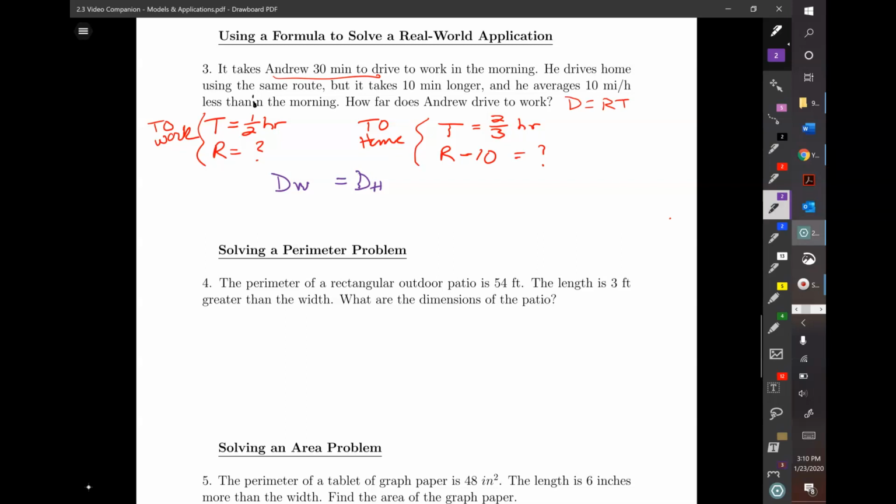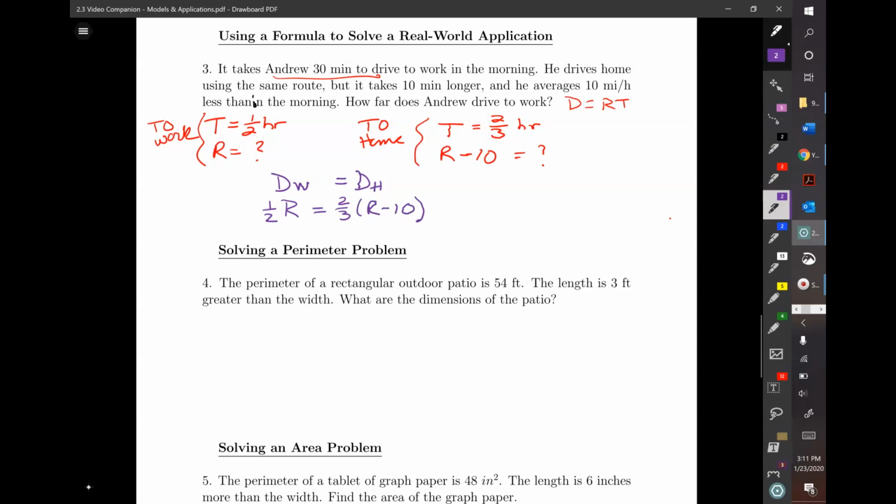So we're going to do that here. Distance to work would be the rate, R, times time. We're going to write that as half R instead of R times a half. It just looks better like that. And then we set that equal to 2/3 times R minus 10 for the rate home.